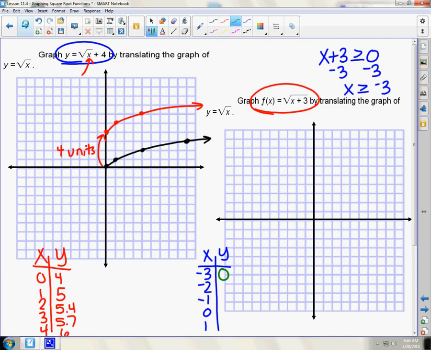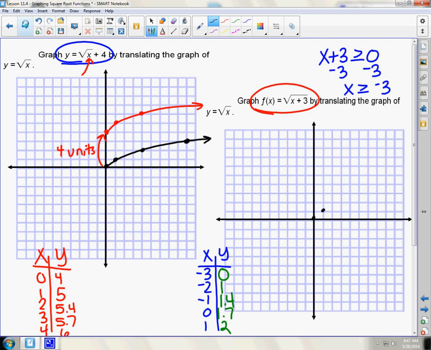Negative 2 plus 3 is 1, and the square root of 1 is 1. Negative 1 plus 3 is 2. The square root of 2, I don't remember what that is, 1.4. 0 plus 3 is the square root of 3, which is 1.7. And 1 plus 3 is 4, which gives 2.